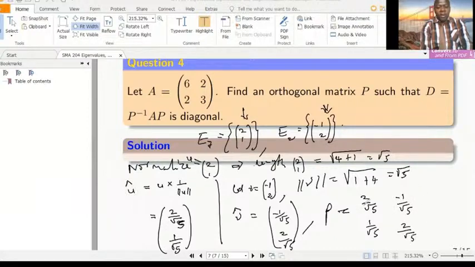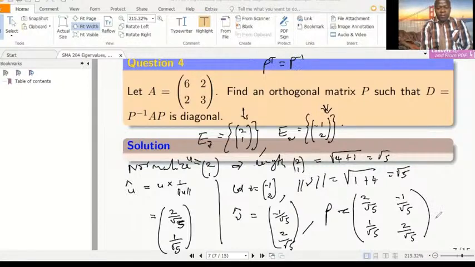This is the orthogonal matrix P. The word orthogonal here means that the transpose of this matrix P would be the same as the inverse of the matrix P.